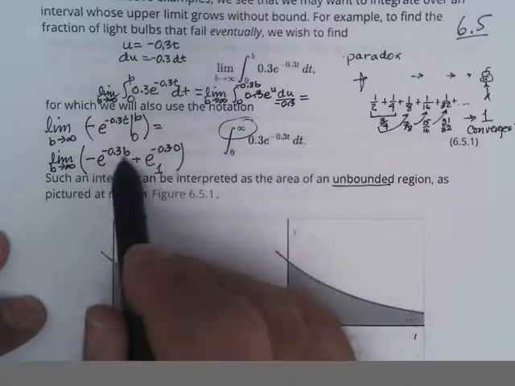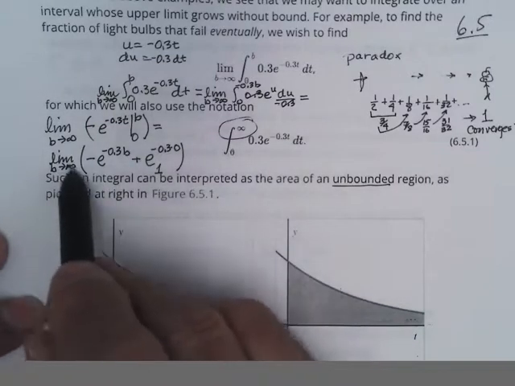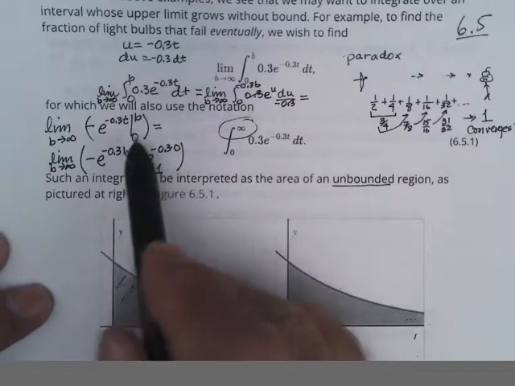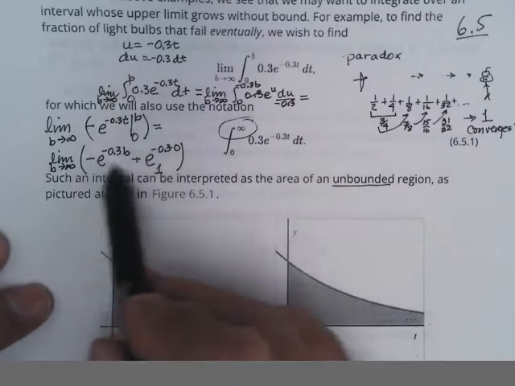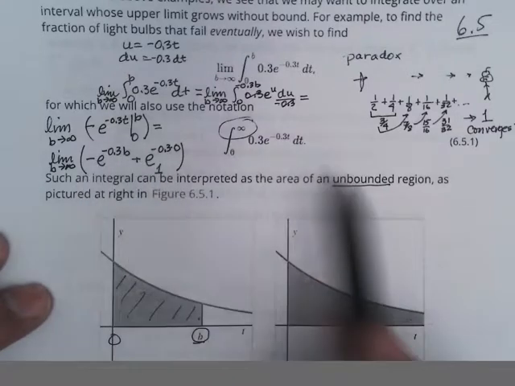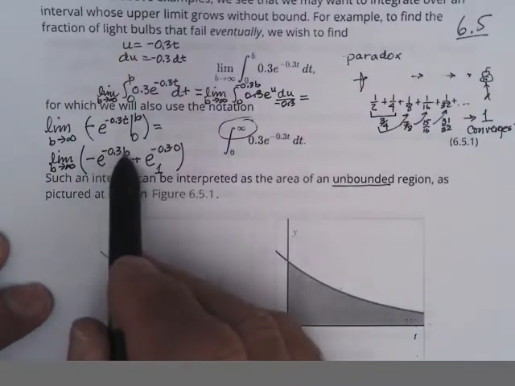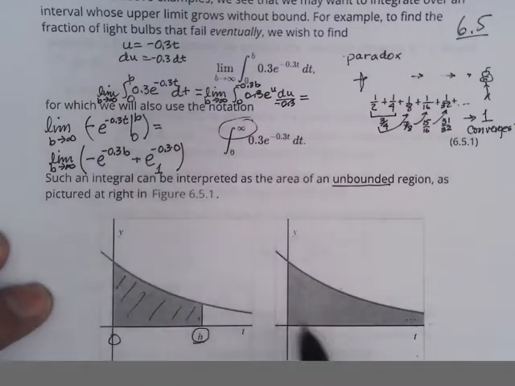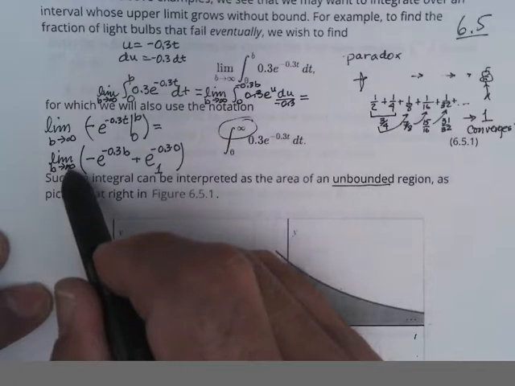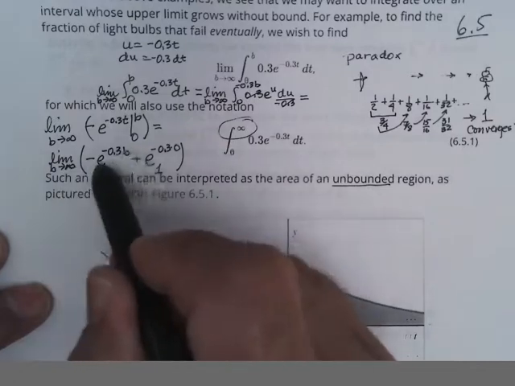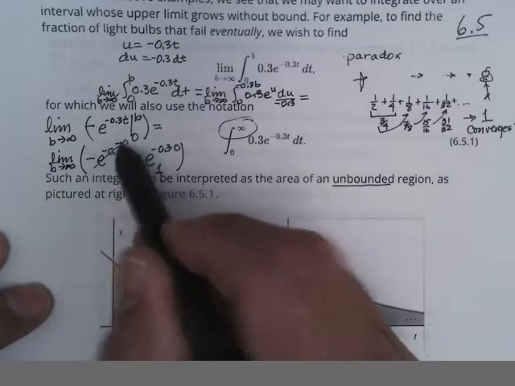And this we have to look at what's going to happen when b goes to infinity. Well, does this explode or does it go towards 0? Well, you can see that e to the negative 0.3b is going to get closer and closer to 0. So when b goes very, very large, this goes to 0.